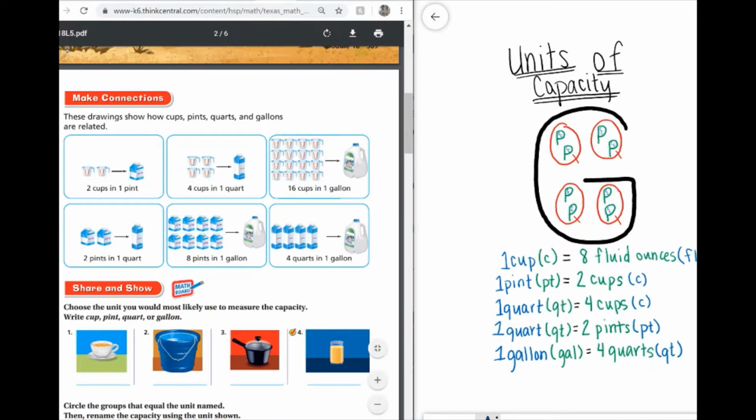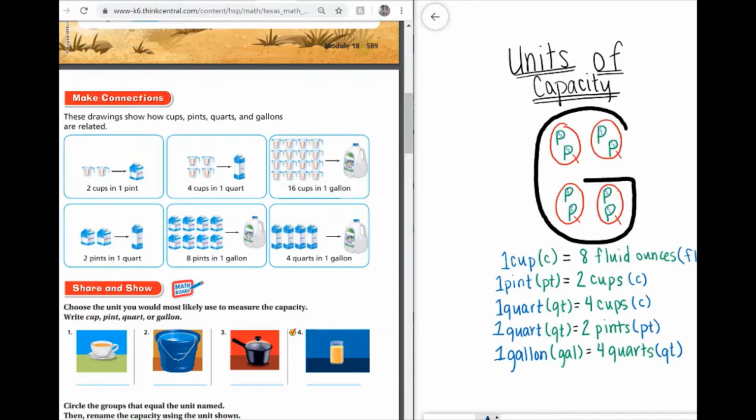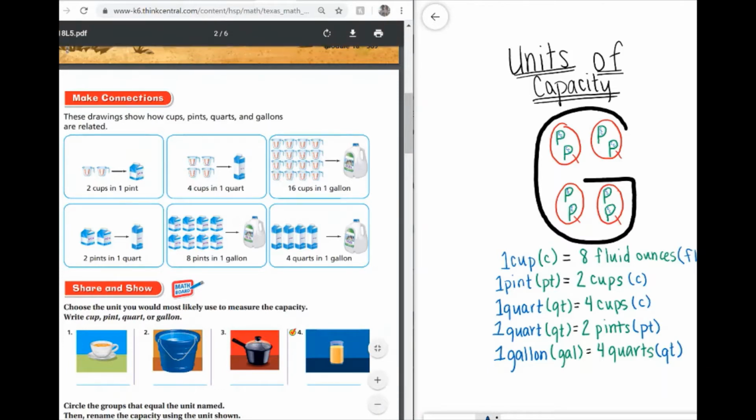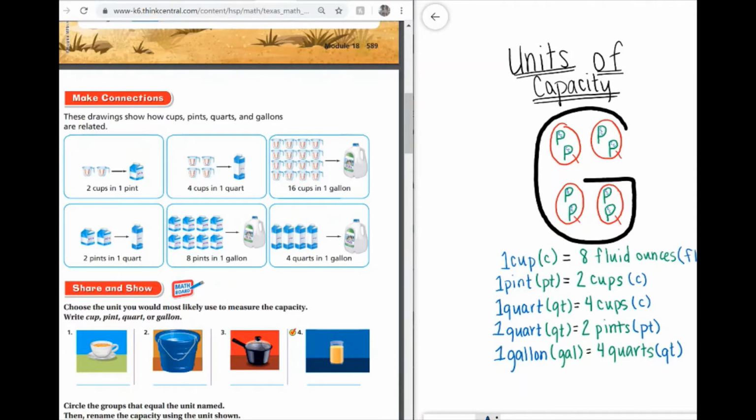Alright, boys and girls, now we're going to go ahead and start with making connections. So now we're going to see how these 2 cups and 1 pint. And right here we see 2 cups and 1 pint. Now 4 cups in a quart. We go over here to the units of capacity, and we have 4 cups, 1, 2, 3, 4, in 1 quart.